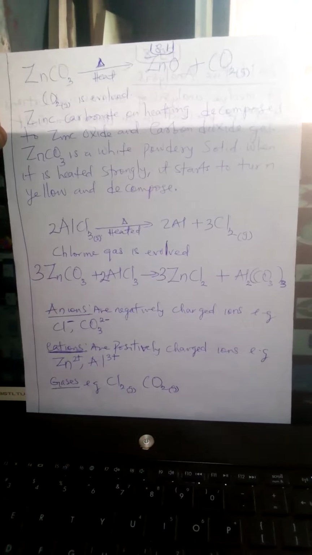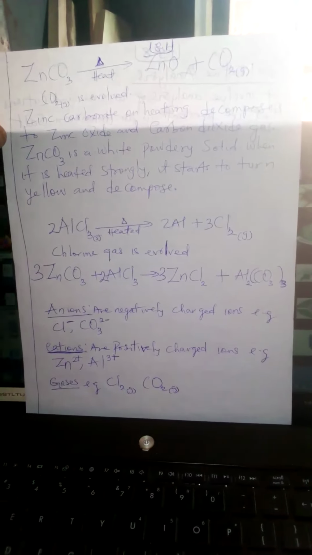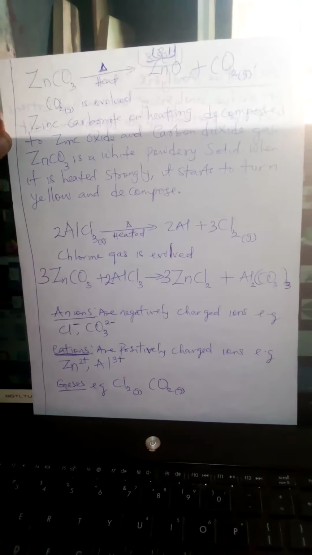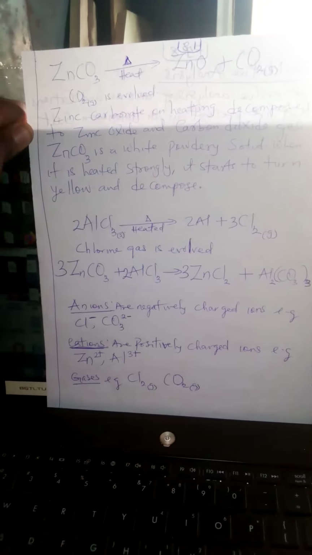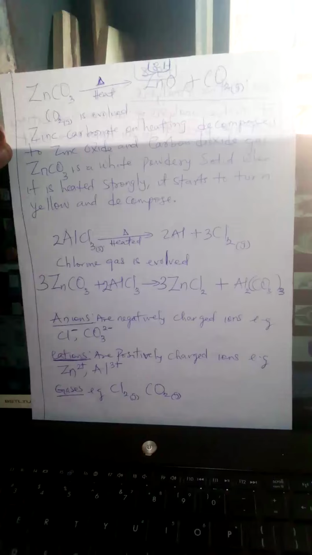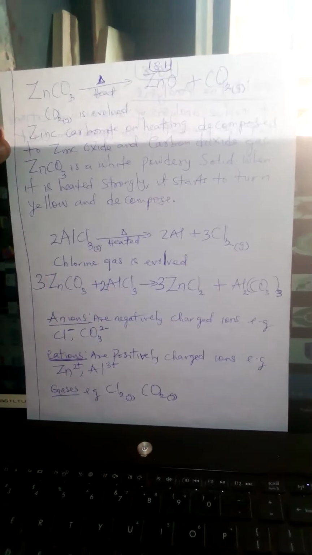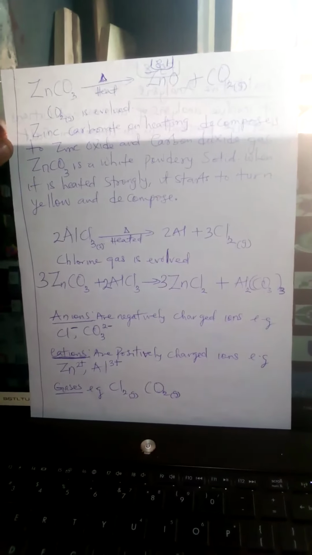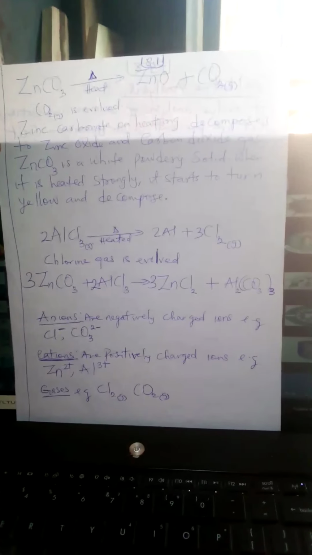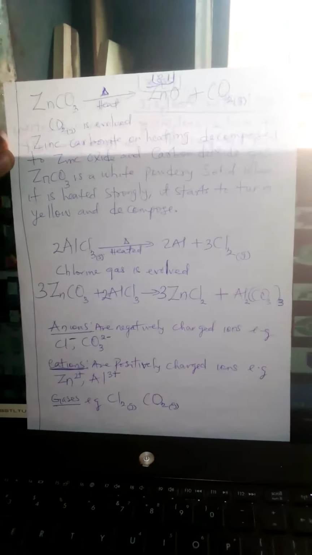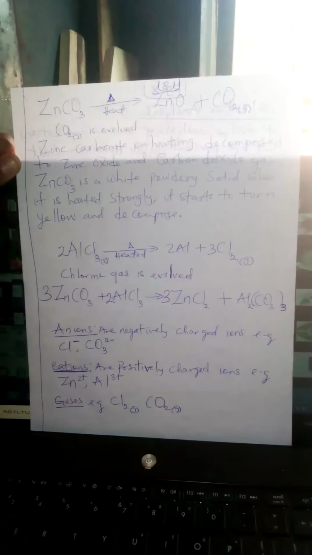So zinc carbonate on heating, although you will not know that it is zinc carbonate, it can be labeled XN. So you place some quantity in a test tube and heat it up. So zinc carbonate on heating decomposes to zinc oxide and carbon dioxide gas.